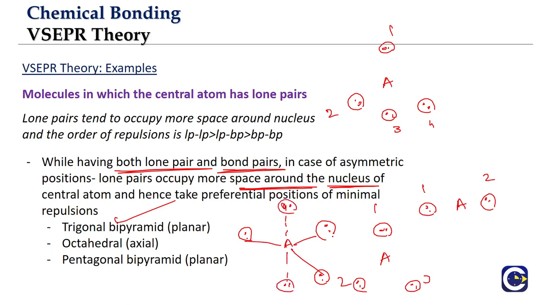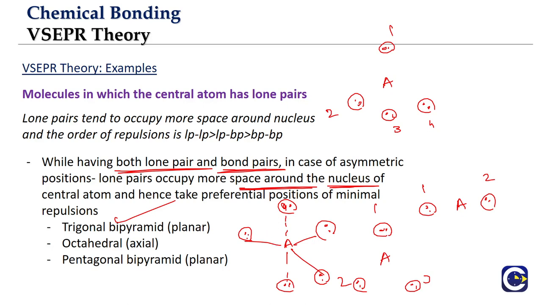The 3 positions in the plane we'll call planar positions or the equatorial positions. The 1 above the plane and the 1 below the plane we'll call the axial positions. Now when we talk about the trigonal bipyramidal, the lone pairs would be taking up particular positions because all the 5 positions are not symmetric here.